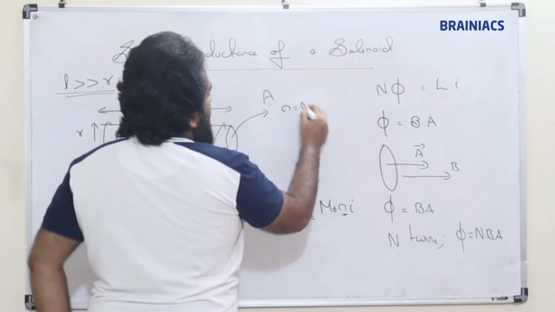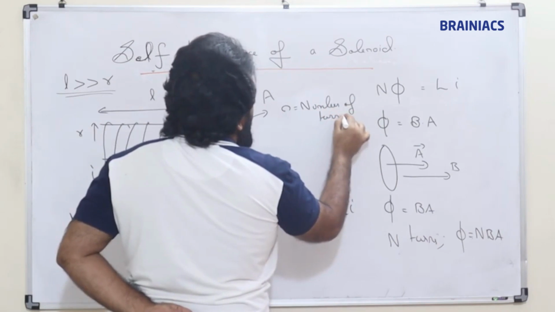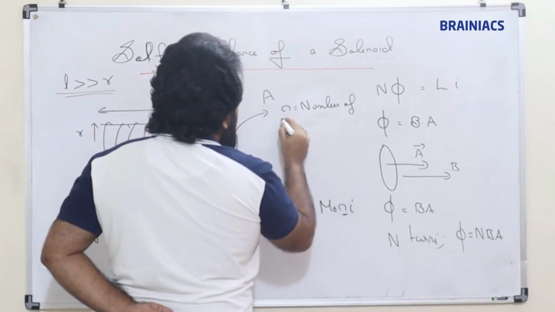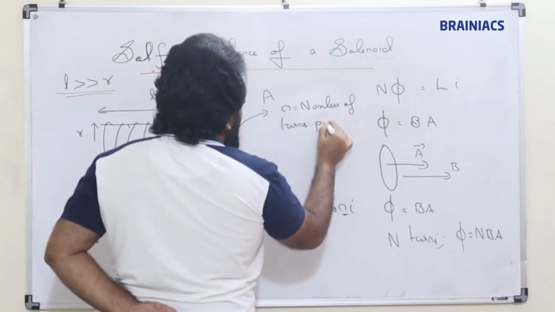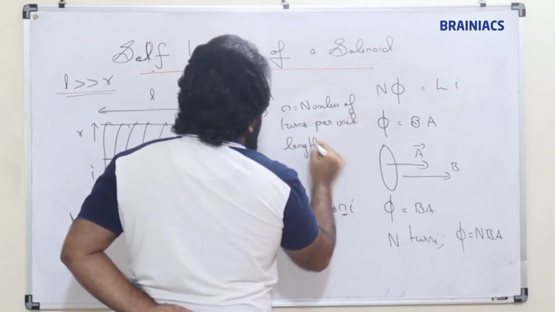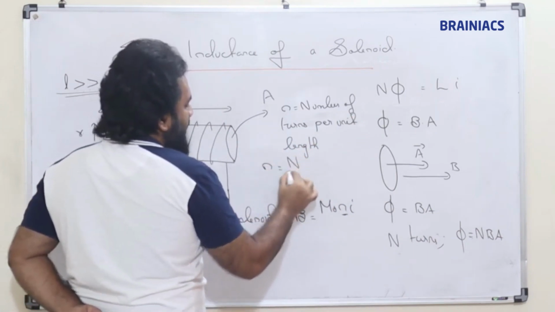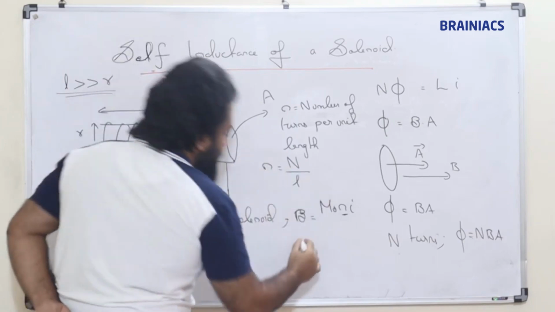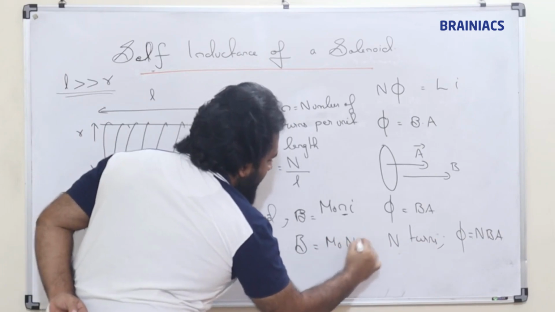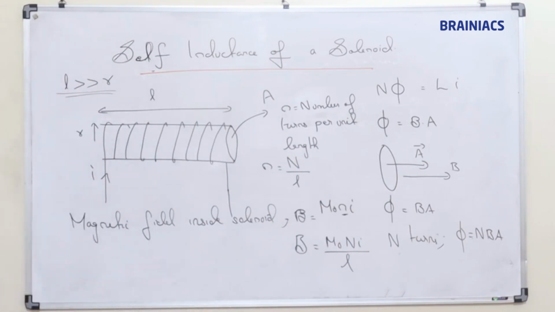This n is the number of turns per unit length, which means total number of turns divided by L. So B is mu 0 N i divided by L. Clear?